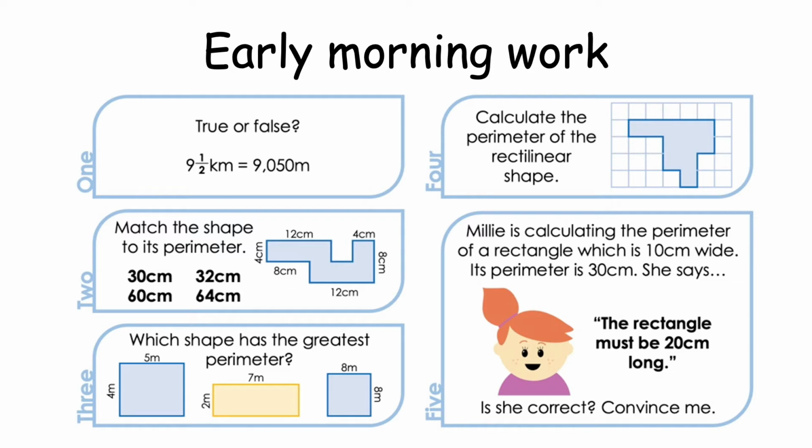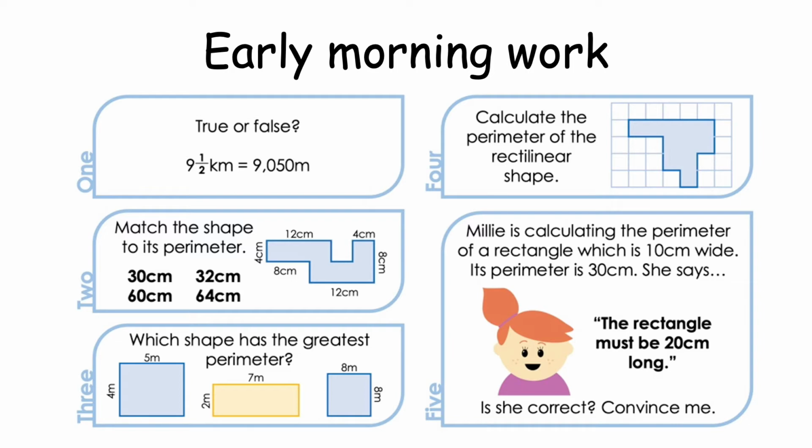Number 4. Calculate the perimeter of the rectilinear shape, and I got a perimeter of 18 centimetres. Number 5. Millie is calculating the perimeter of a rectangle which is 10 centimetres wide. If one side's 10 centimetres, the opposite side is 10 centimetres.